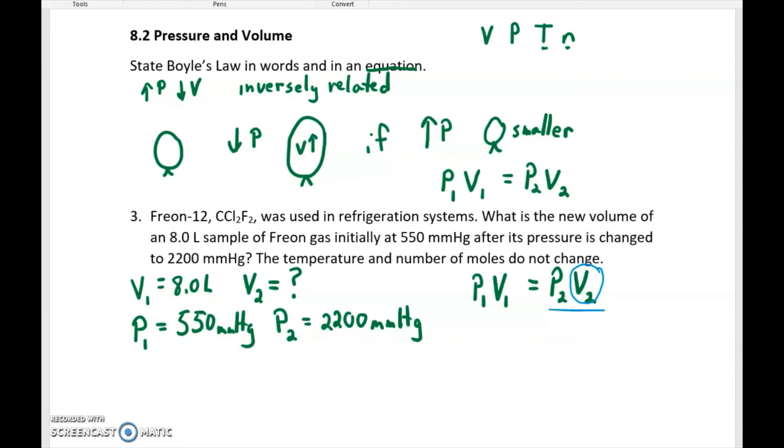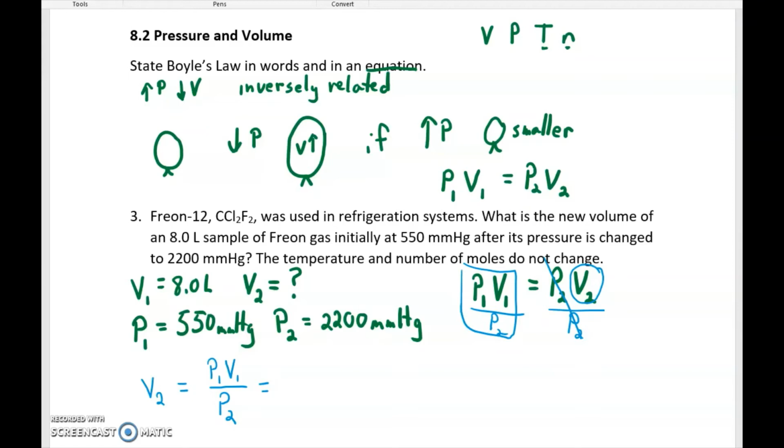So if we divide both sides by P2, we will find that this will cancel out and V2 is now by itself. I'm going to rewrite this over here so that we'll have it kind of neat. V2 is going to be equal to P1 V1 divided by P2. That's just this right here. I just rewrote it. And now we can just fill in the blanks.